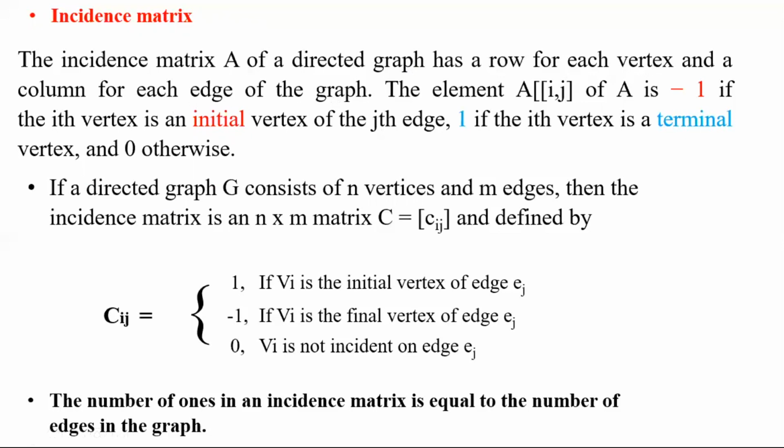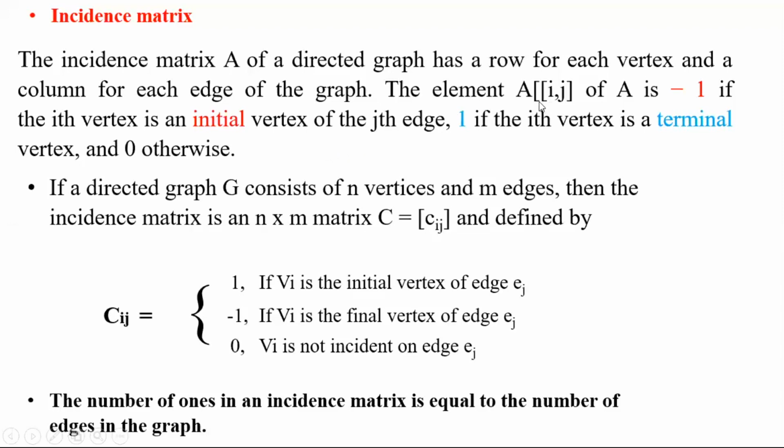Do you remember in the matrix representation, the square matrix was of size V square. Rows and columns represent vertices, rows source vertices and columns destination vertices. Here, rows represent vertices and columns represent edges.